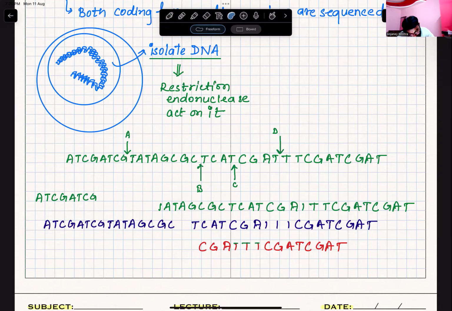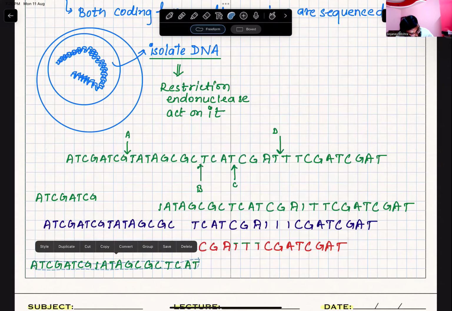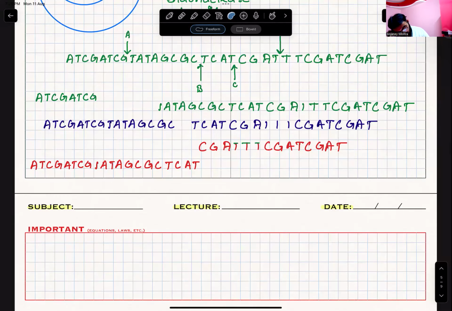Where was it? CGATTD, right? So one sequence will look like this. It's for your understanding only. And then the last one.